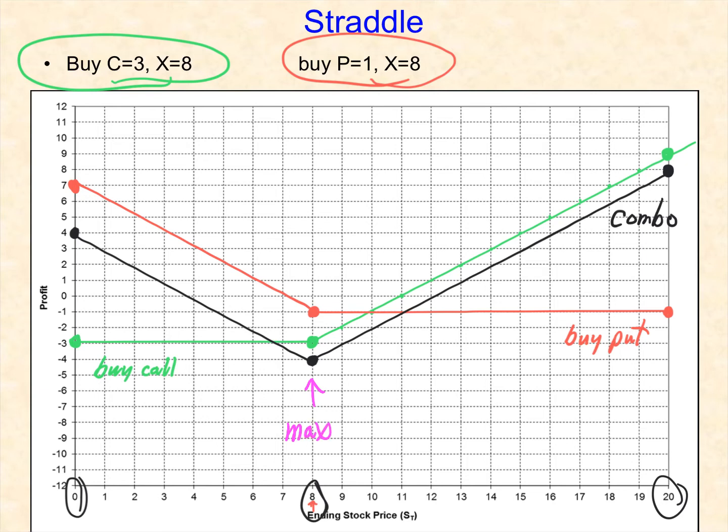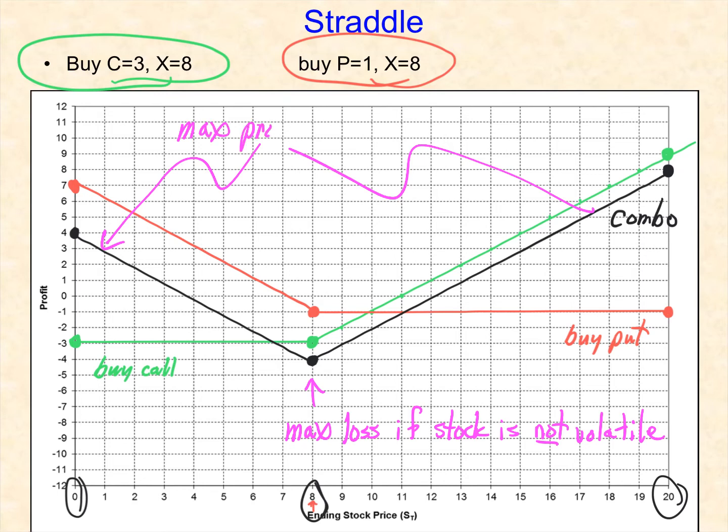Maximum loss if stock is not volatile. On the other hand, our losses are out here in the right and left-hand tails. So we get our maximum profit from large movements in the stock price.